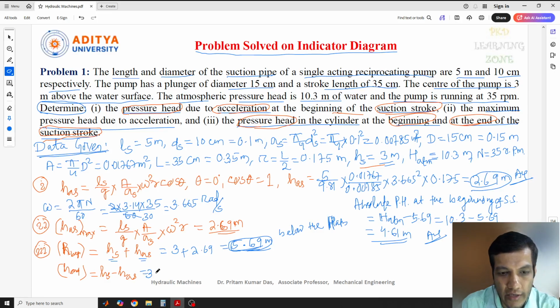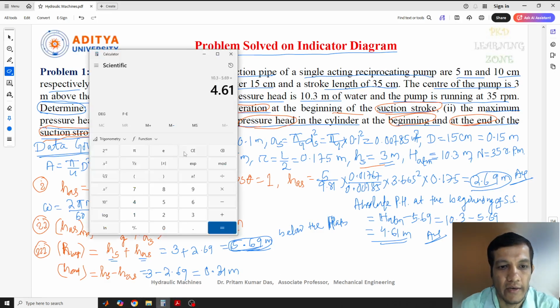So this will be 3 minus 2.69, which gives 0.31 meter. Now this much water level is below the atmospheric pressure head.